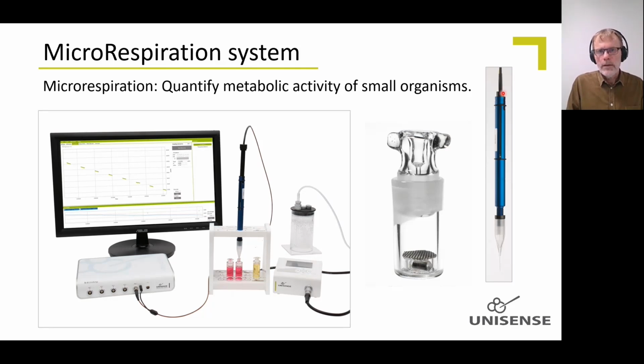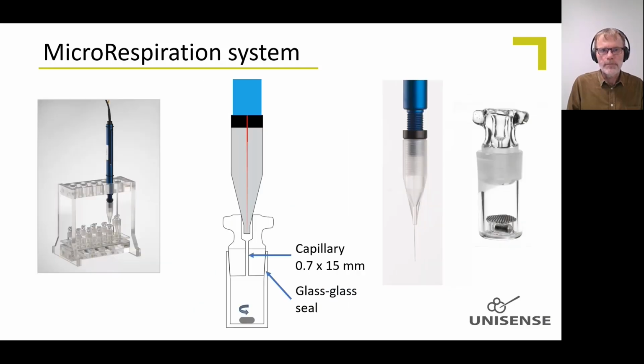The sensors are mounted in this blue aluminum guide so that it can be placed safely inside the vial. So the chamber itself, or the vial, has a glass lid with a glass seal to the vial. There's a small capillary opening in the lid here, 0.7 millimeters in diameter and 15 millimeters long.